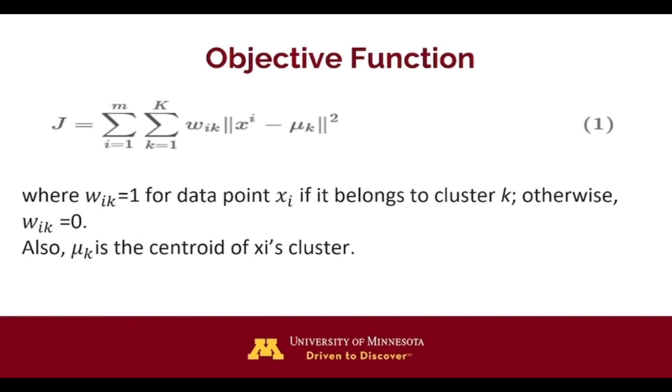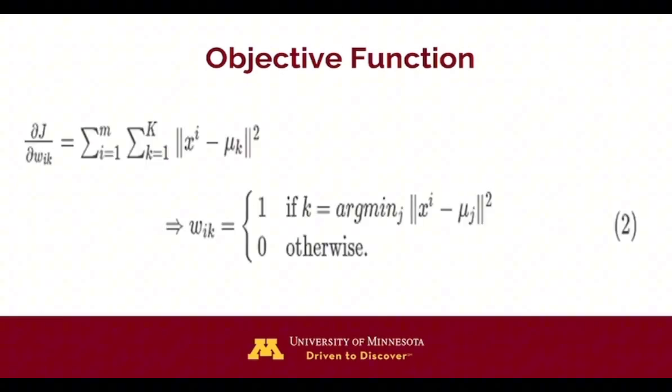It's an optimization problem, so you make use of the knowledge of optimization techniques in mathematics, which is differentiating. We differentiate with respect to w_ik, and after doing that, we get the value of k.